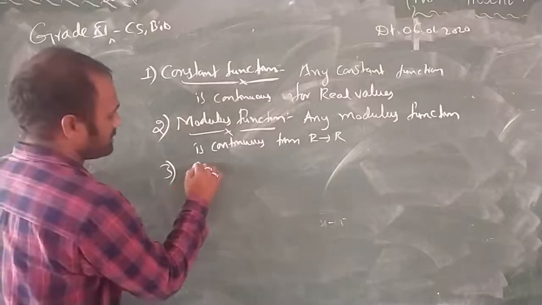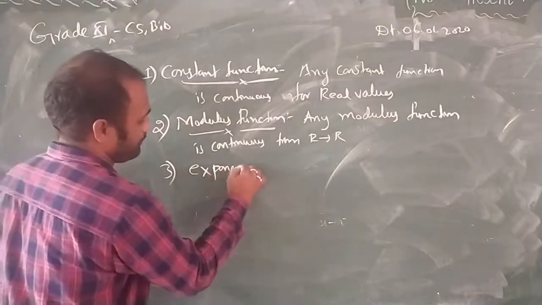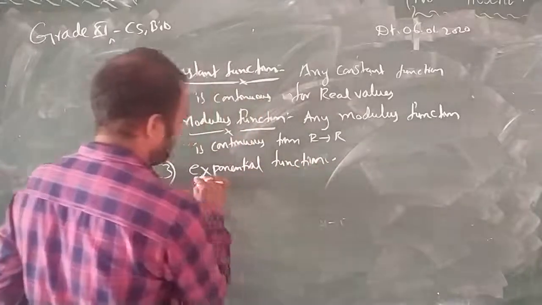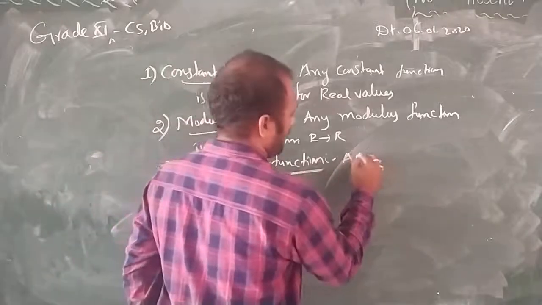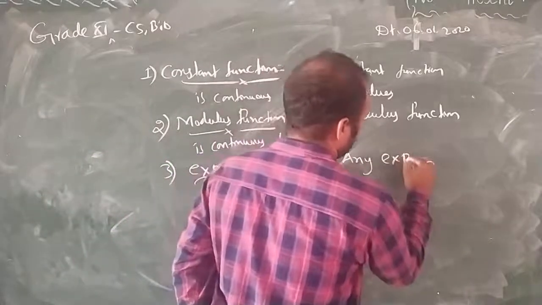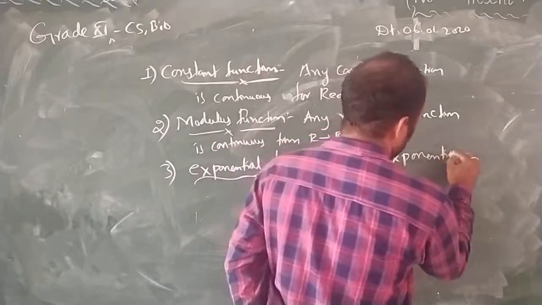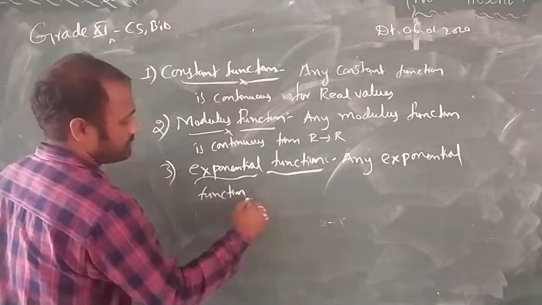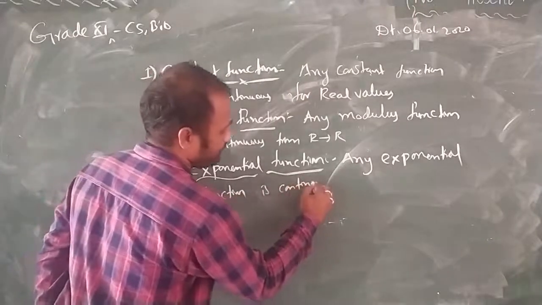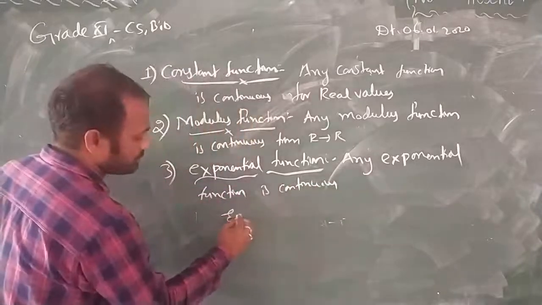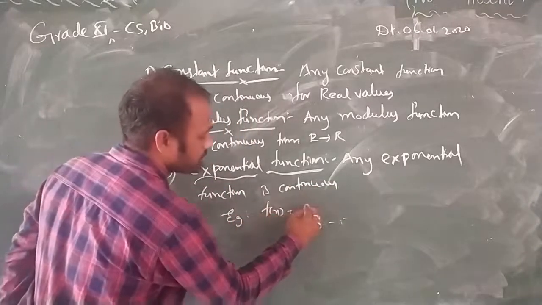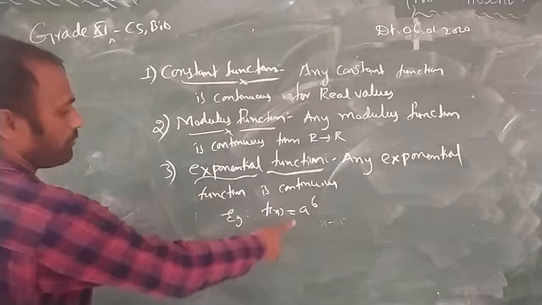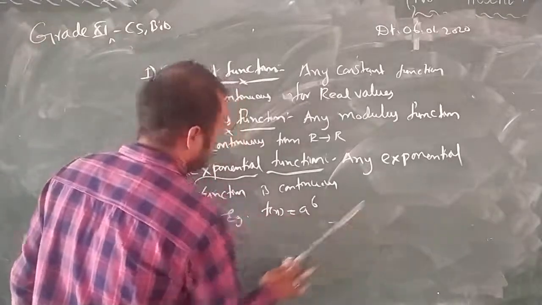If we take any exponential function, it is continuous. For example, exponential means you can take f of x is equal to a power 6. If you substitute any value in place of a, the function will be continuous.